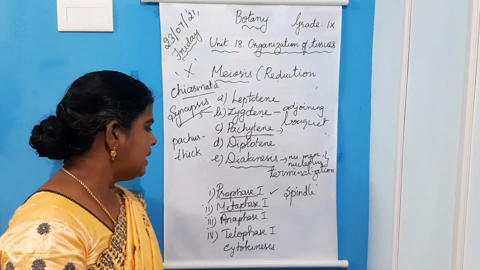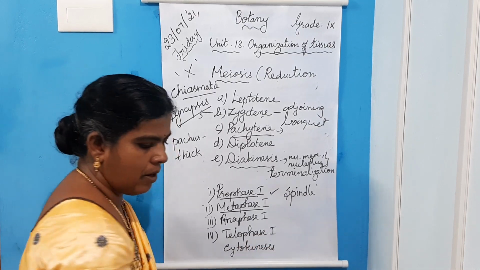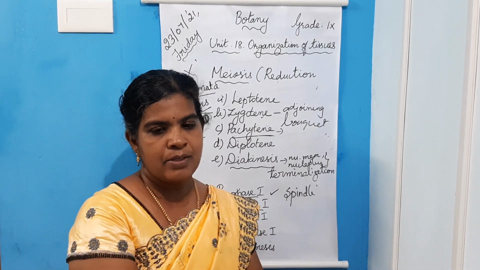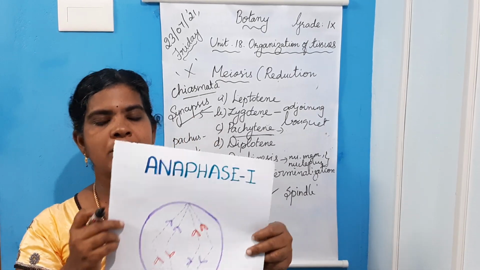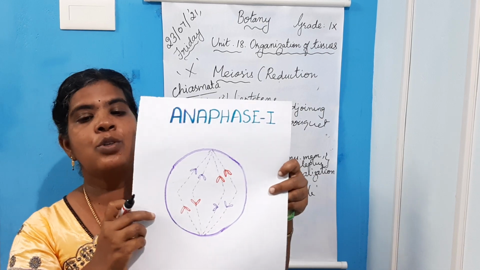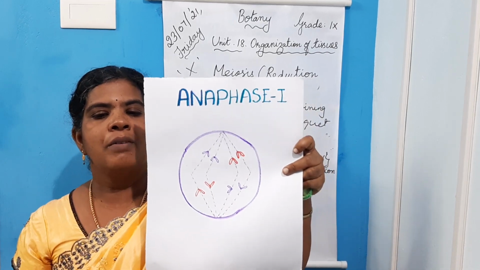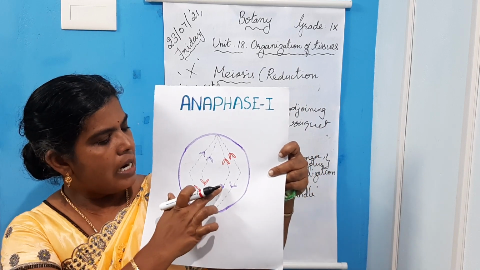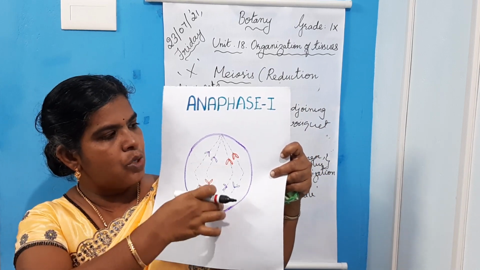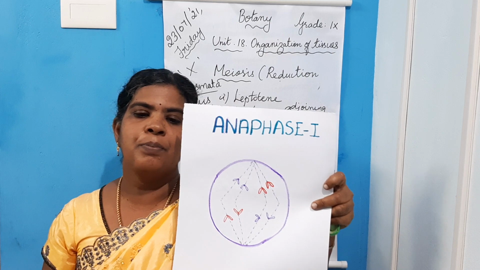Then what about the next phase? Anaphase 1. In this phase, each homologous chromosome with its two chromatids and undivided centromere moves towards the opposite pole.